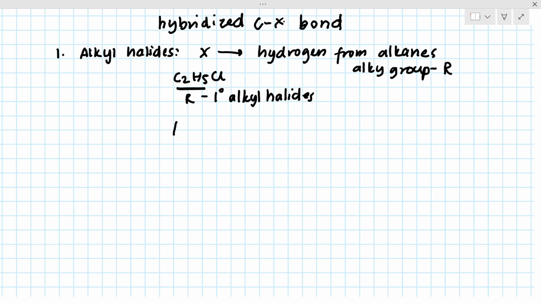When there are two, like CH R R Cl, then this is a secondary alkyl halide.